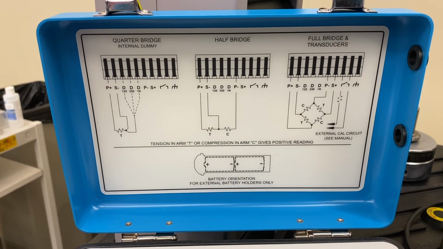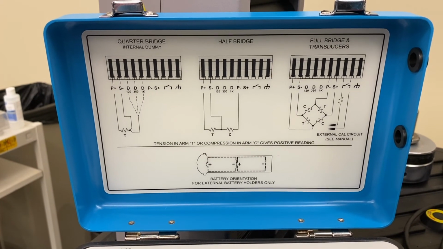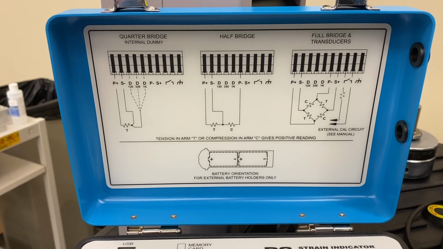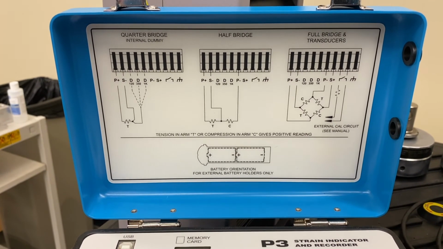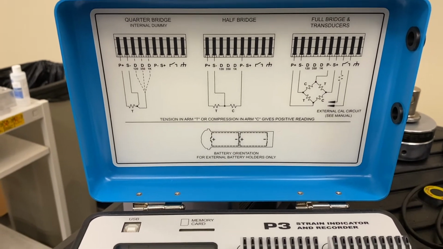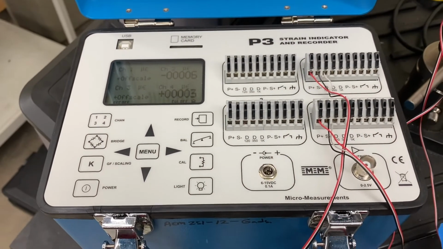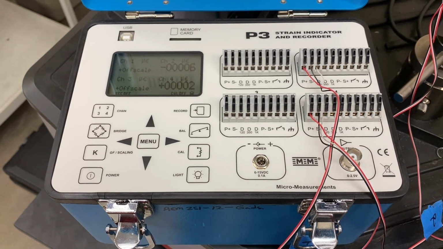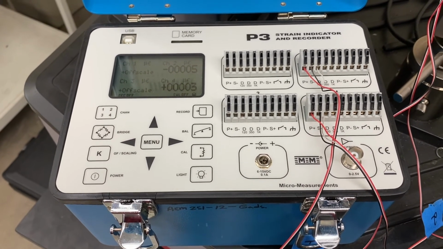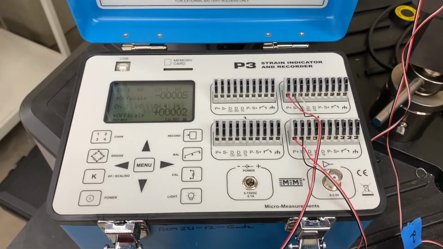So our P3 strain indicator shows our bridge setup for our P+, S-, and D120 setup for our strain gauge wires. We're using the quarter bridge setup because we're looking at a sample in purely tension for our experiment.